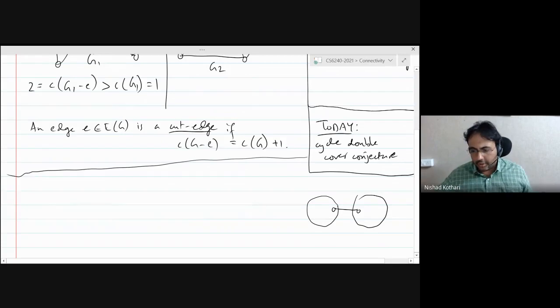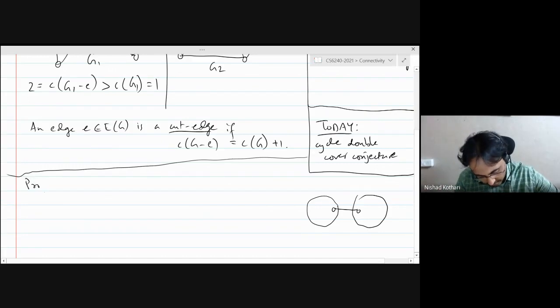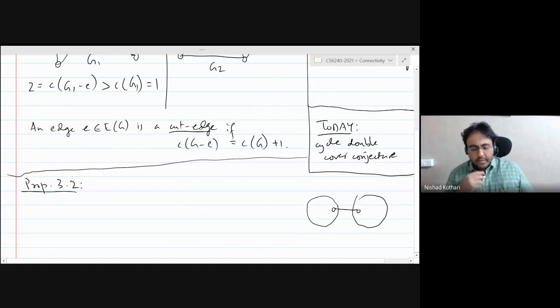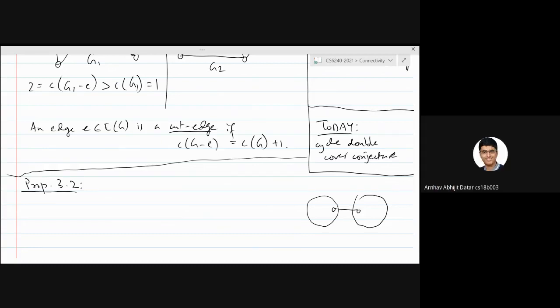I am pretty sure that most of you, if you've taken MA 2130 or any course in graph theory or discrete math, have probably seen cut edges before. And I want to state the following proposition. There is a connection between cut edges and cycles. Can someone tell me what it is? An edge is a cut edge if and only if it's not part of a cycle.